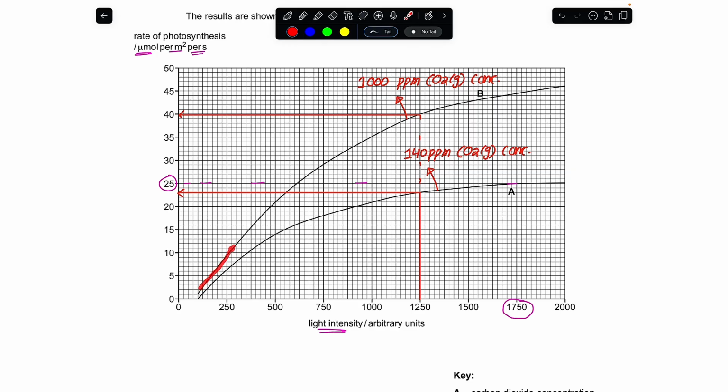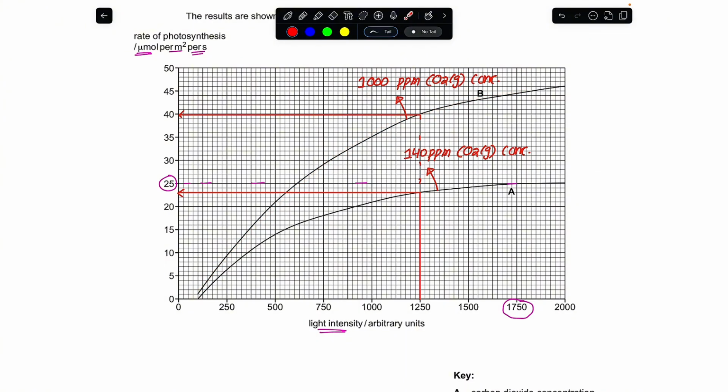So for B, nowhere is the plateau being reached. That would mean that the light intensity remains limiting throughout the values ranging from here to here against this much higher concentration of carbon dioxide gas. And you see that we have increased the carbon dioxide to such a maximum value that the CO2 concentration would remain excess. That is why the graph at any point is not leveling off.